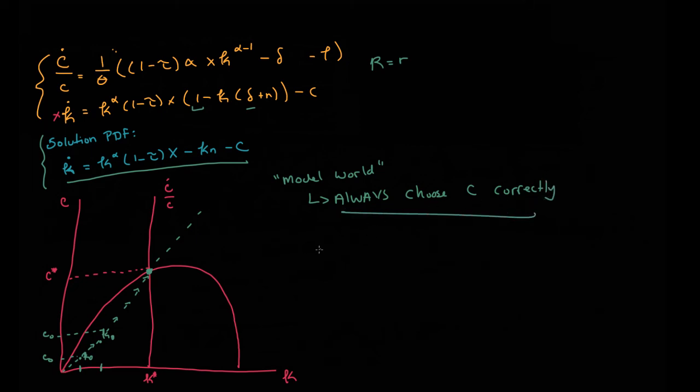So don't think of them as people, think of them as robots that are using these functions. Whatever the answer is to this function, they know it by the logic of the model, and they're going to put themselves on it.